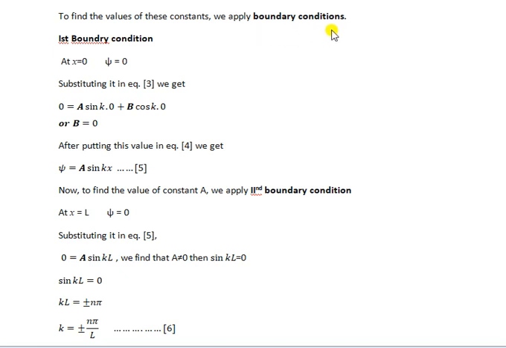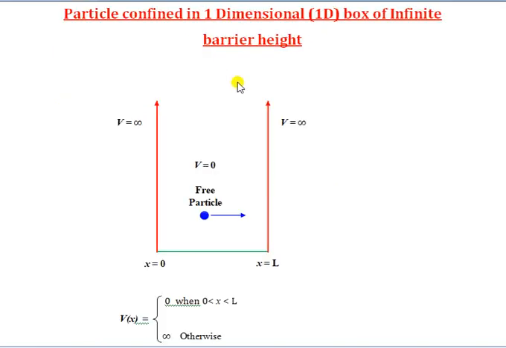Boundary conditions means the conditions at the boundary. In this problem there are two boundaries. Suppose this boundary is first and this is the second boundary. At x equal to 0, the first boundary, the potential energy is infinite, meaning the probability of finding the particle is 0 at x equal to 0, and probability means mod psi square d tau.